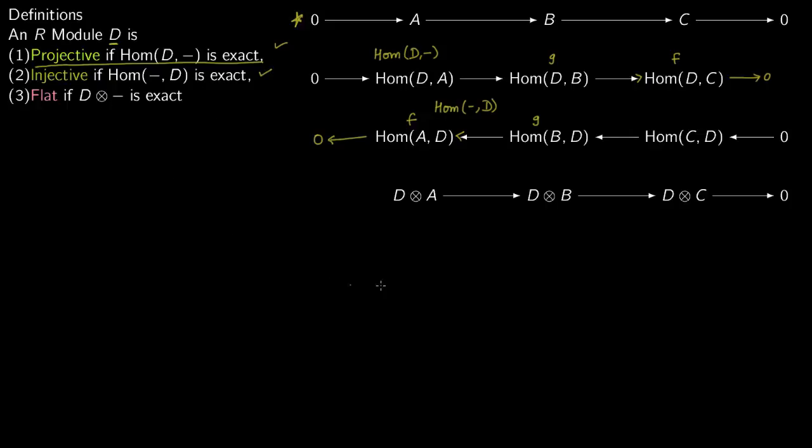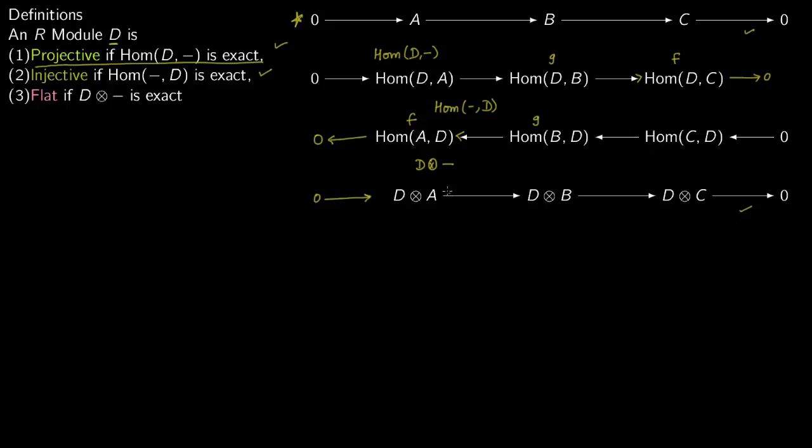Now flat. So if you try to tensor like this, you apply this functor to this short exact sequence of modules, what you get is right exact. So this naturally happens. Now what if you want to make this exact? To make this exact, you have to put a 0 right here. Right exact means that you have the 0 going out right here.